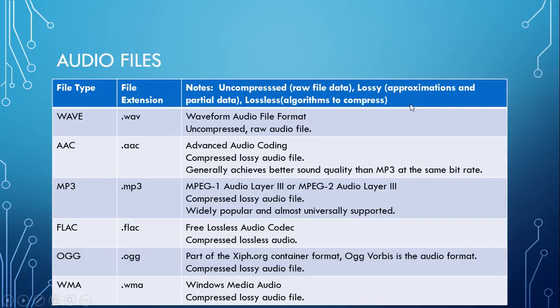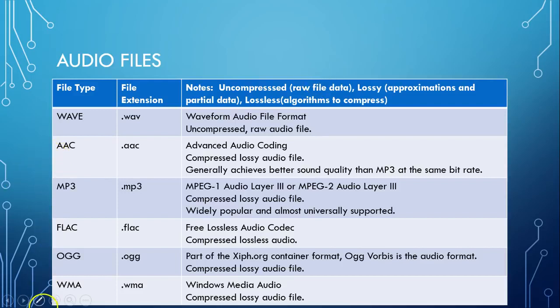So let's say you had a series of numbers, and let's say those numbers were a string of sixes, like 7 sixes. Well, if you had something to represent the number 7, a string of sixes, then you could just put that character there to make it a little simpler to represent. All right? And you see WAVs are uncompressed, so they're raw file data.